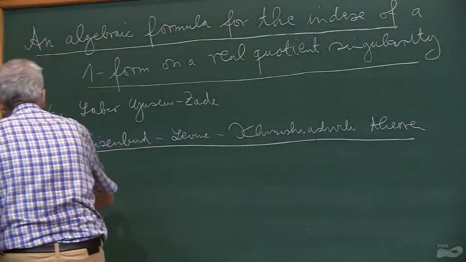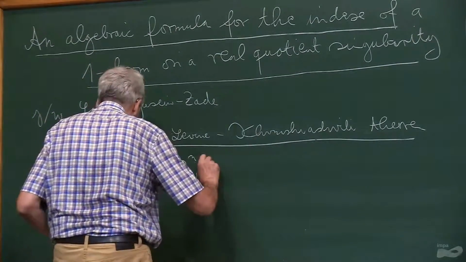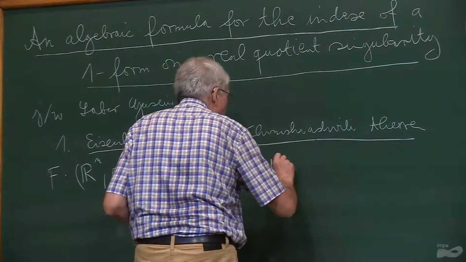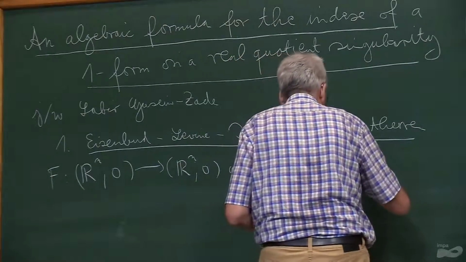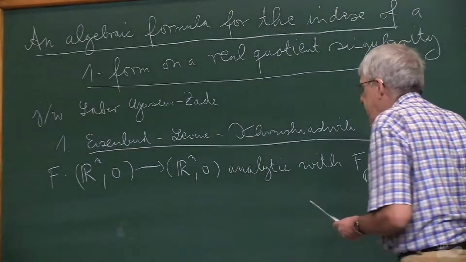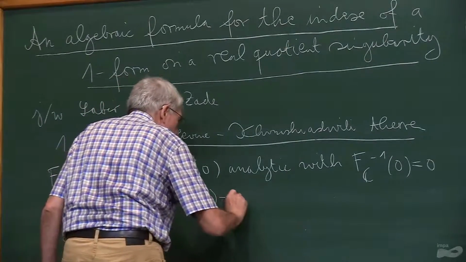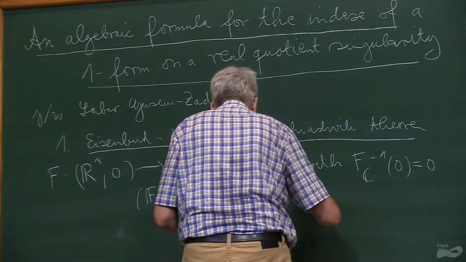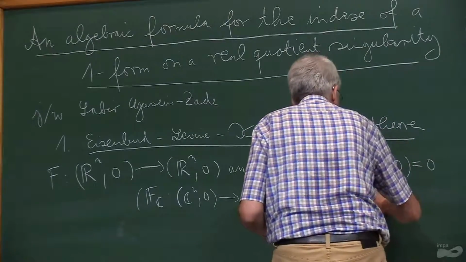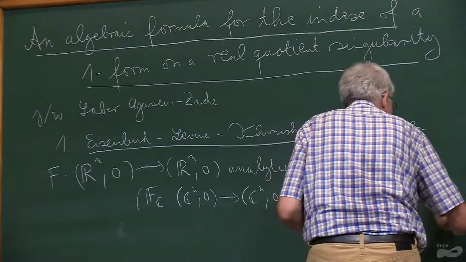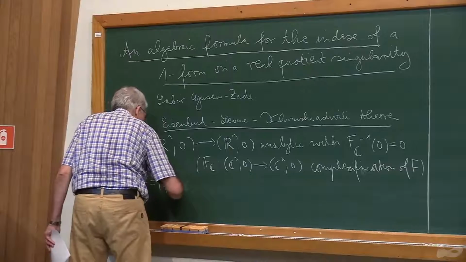Let me recall what this theorem is about. We consider an analytic map germ F from (R^n, 0) to (R^n, 0) with an algebraically isolated zero at 0. This means that F_C inverse of 0 is equal to 0, where F_C is the complexification of F. Let me denote the coordinate functions of F by f_1 up to f_n.